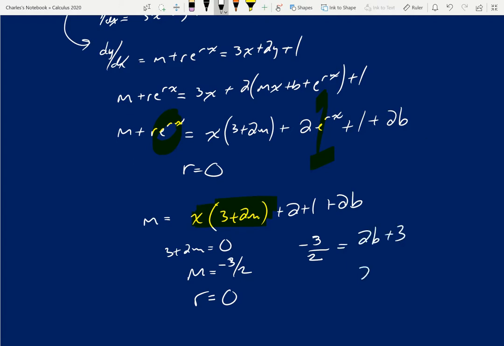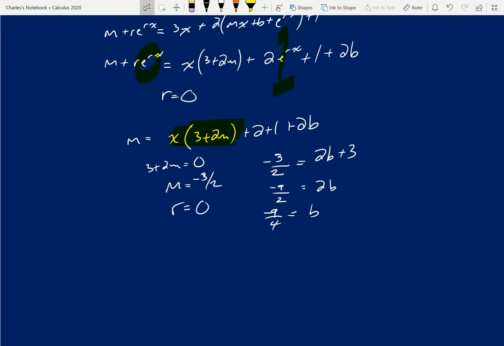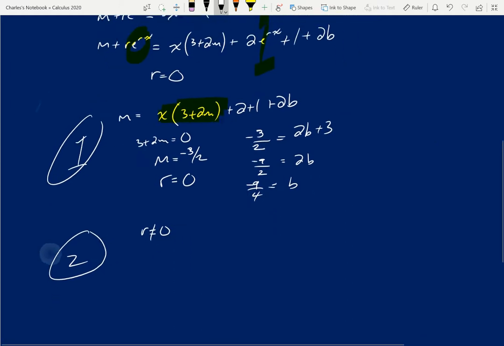And so then 2b is equal to negative 9 halves, or b is equal to negative 9 fourths. Okay, and so that's scenario 1. Remember, we're still only on part B of this question. And now we have to figure out when r is not equal to 0.